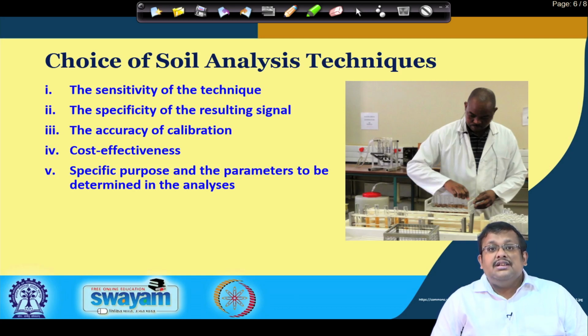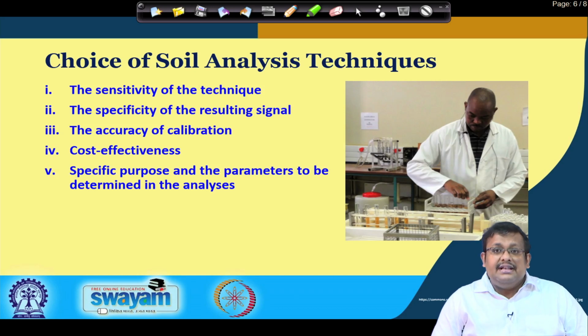Now, the specificity of the resulting signal. One common problem for most of the instruments which we use for environmental sample analysis is that since the samples are complex in nature, their signals are also complex, and it is difficult to identify the proper signal which you can particularly assign to a particular soil property.